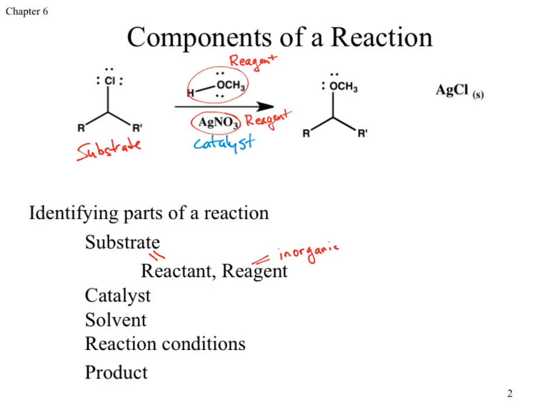If we take a look at our reactant of silver nitrate, or AgNO3, we would expect to see that show up the exact same on the product side. But if we go over to the products, we see silver chloride as a solid. So it definitely did change in the course of the reaction. It didn't really act as a catalyst, but it is important to help this reaction go.